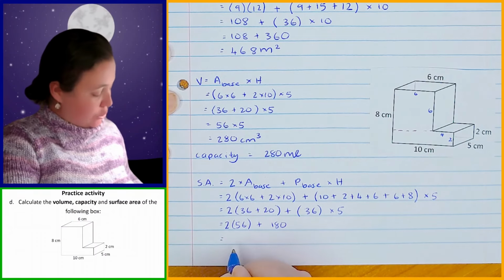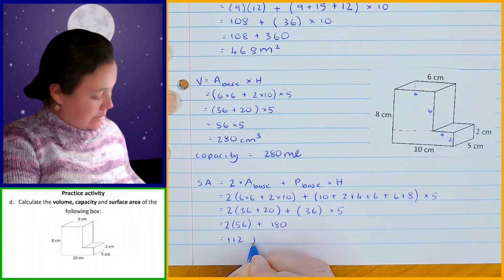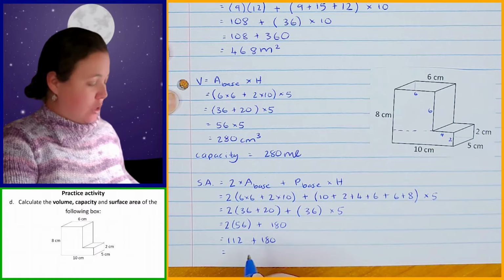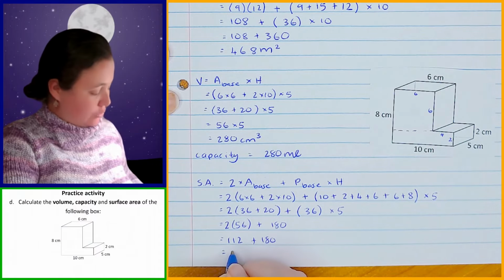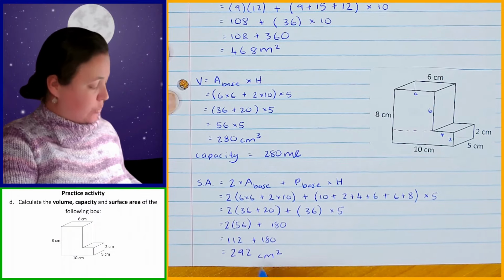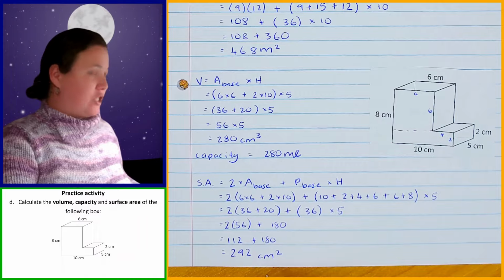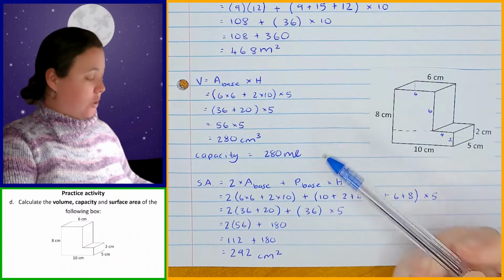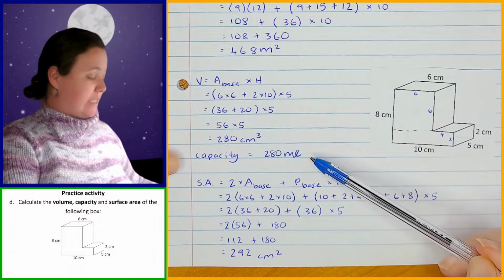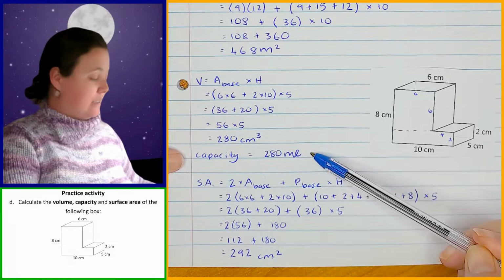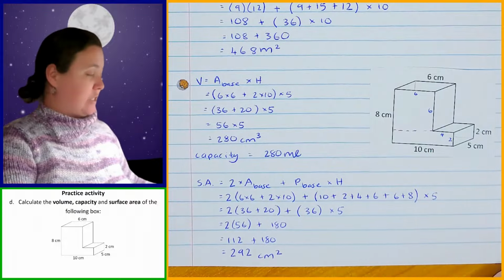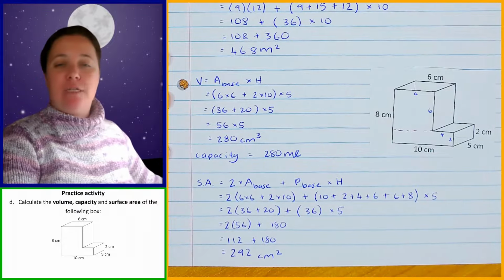So that's 112 plus 180, which gives me a total of 292 centimeters squared. So that's what you should have got for question D, that the volume should have worked out to 280 centimeters cubed, which means the capacity is 280 milliliters, and your surface area should have worked out to 292 centimeters squared. Right, let's go on to the last one for today, which is question E.